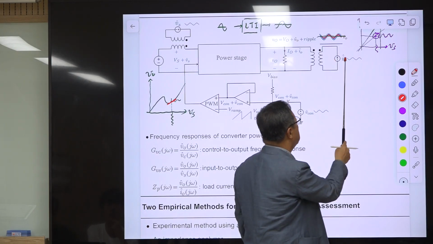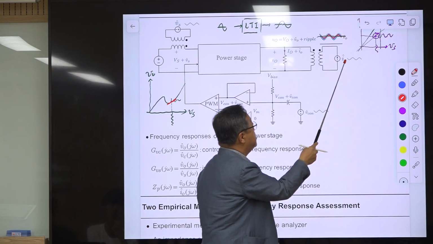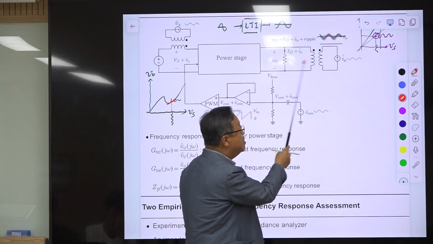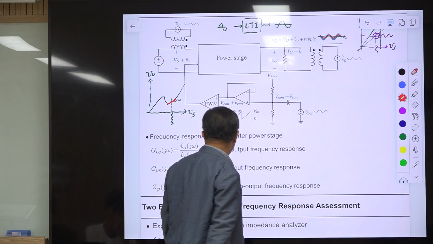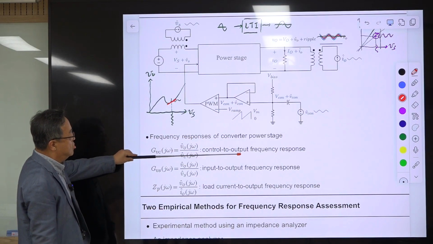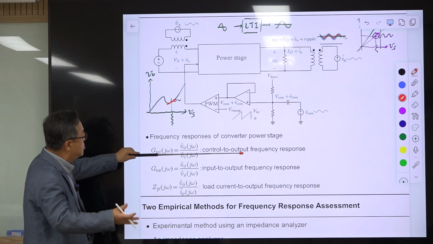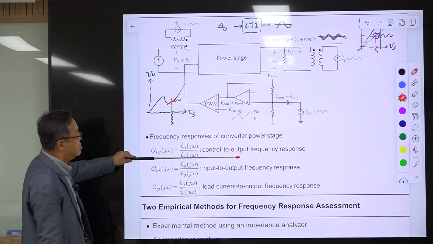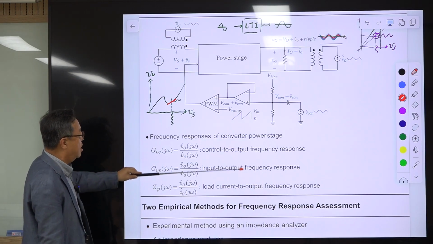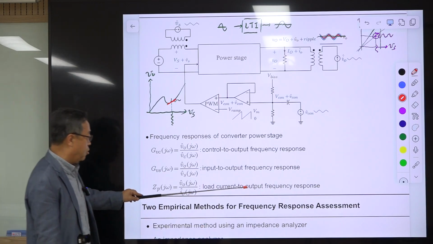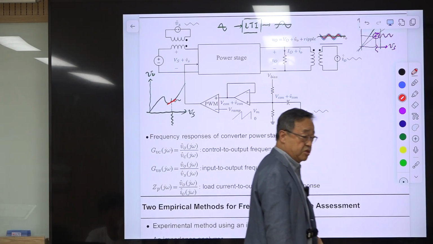This is the perturbation in the load current, which represents perturbation in the load resistance. Okay, then you get similar things. From this definition, you have three transfer functions and three corresponding frequency responses of the converter power stage. So this is the control to output frequency response. This is the input to output frequency response, and this is the load current to output frequency response.